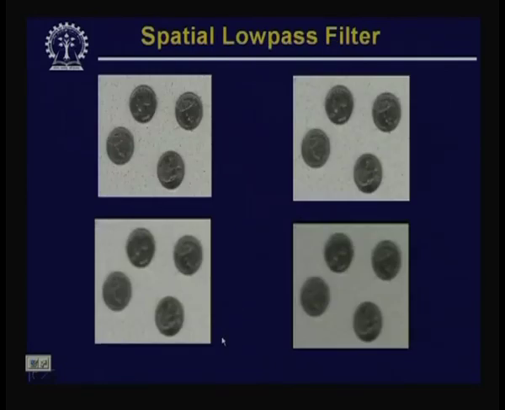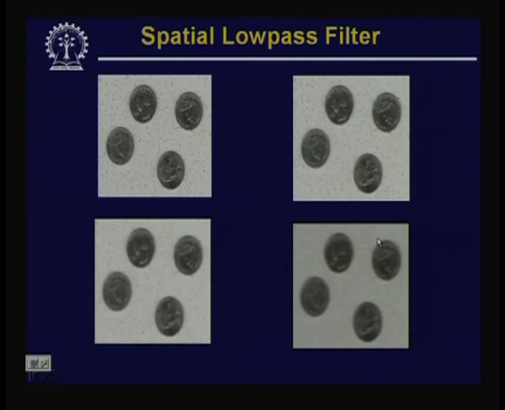Now, using this kind of mask operation, here we have shown some results. You find that the top left image is a noisy image. When you do the averaging operation on this noisy image, the top right image shows the averaging with a mask of size 3 by 3. The bottom left image is obtained using a mask of size 5 by 5, and the bottom right image is obtained using a mask of size 7 by 7.